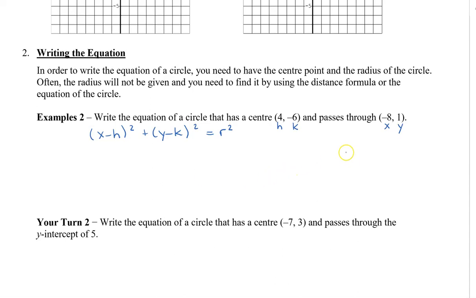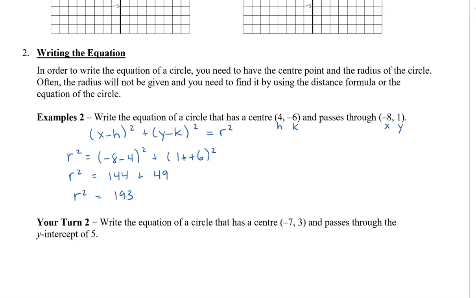So we have r squared is equal to (negative 8 minus 4) all squared plus (1 minus negative 6) all squared. So the two minuses, let's change it to plus. So r squared we now have equal to 144 plus 49. And so r squared equals 193.